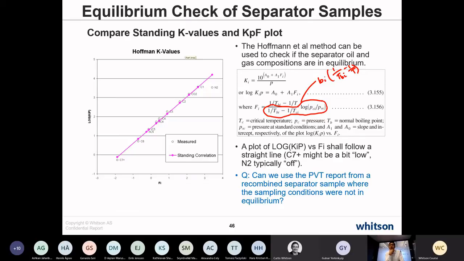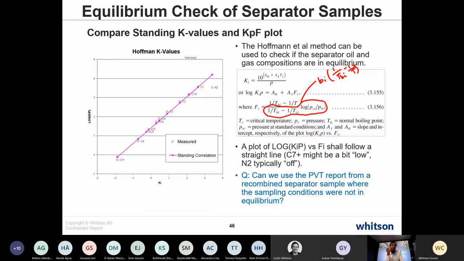were actually showing equilibrium in this Hoffman plot. But as Curtis said, what you do with those samples depends on the objective of your sampling program and of the PVT study. The objective there was to develop the equation of state model, so we used all the samples that we had.